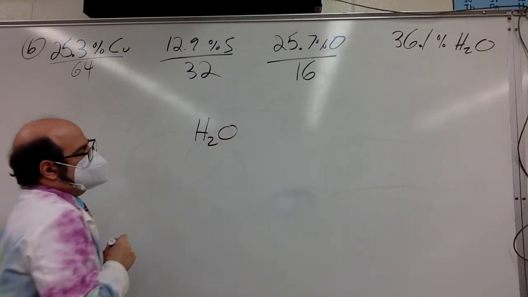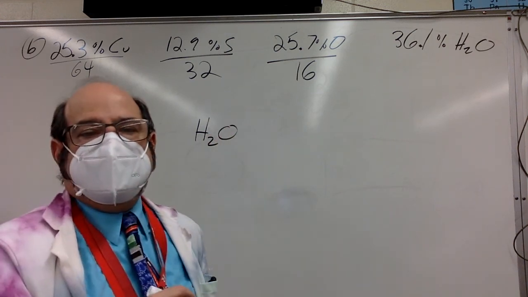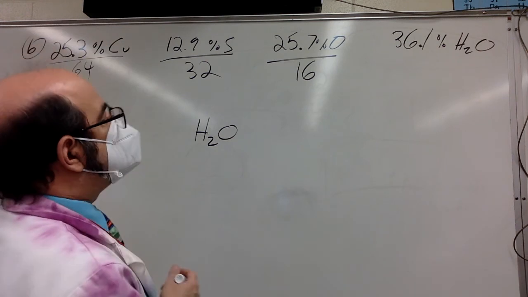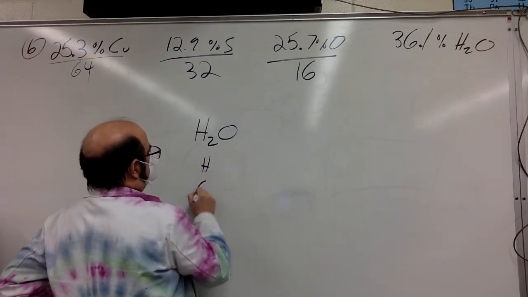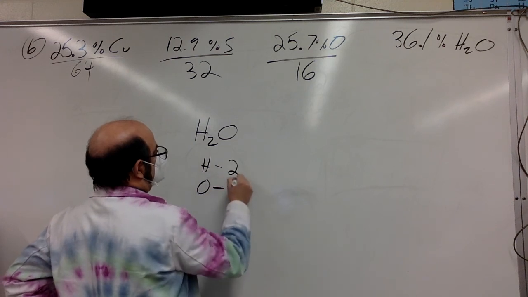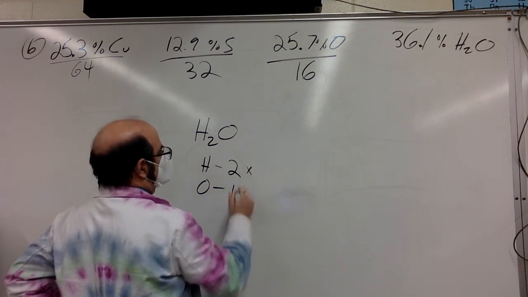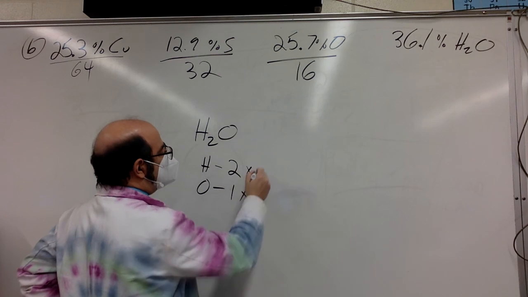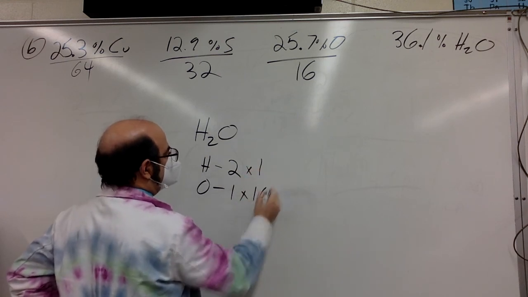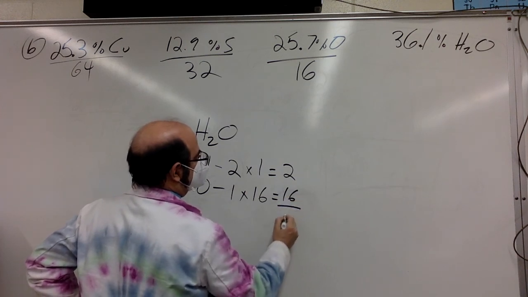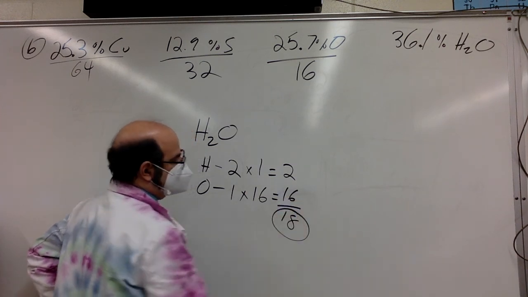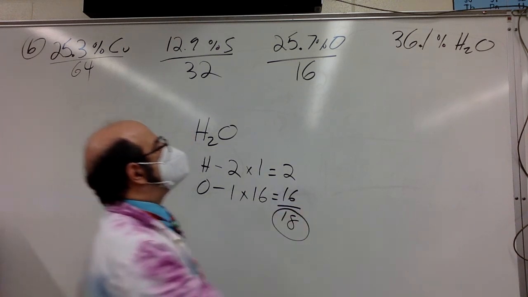H2O is a formula. We have to find the mass of water. How much does water weigh? Well, we have H's and O's. 2 H's, 1 O. H each weigh 1. Oxygen weighs 16. 2, 16, 18. So that is the molar mass of water.